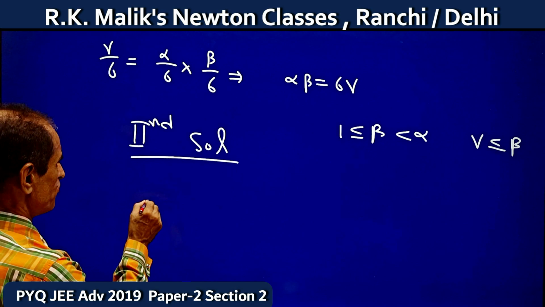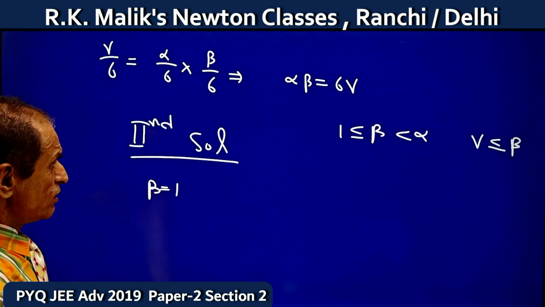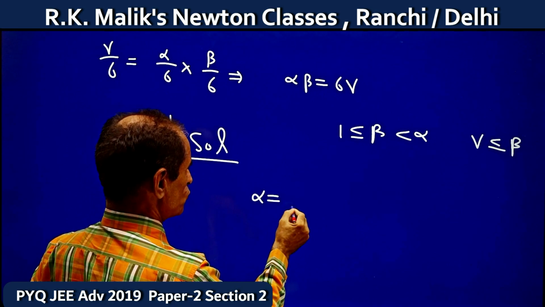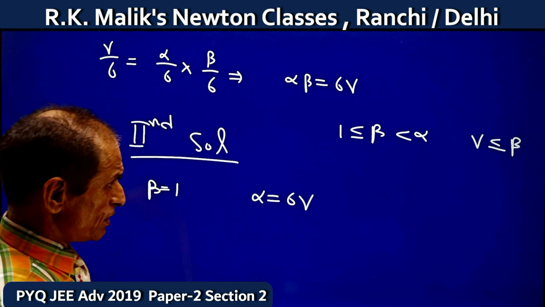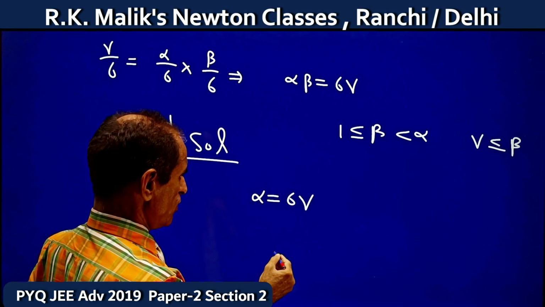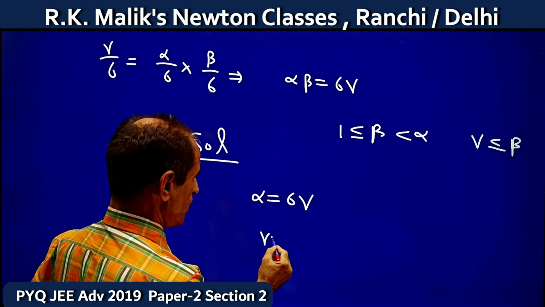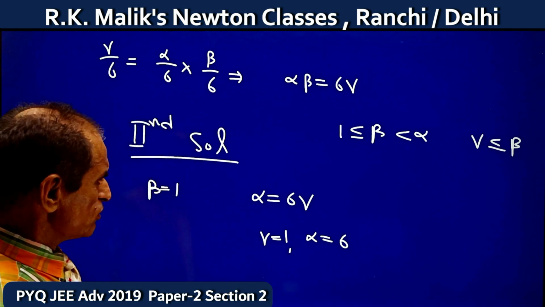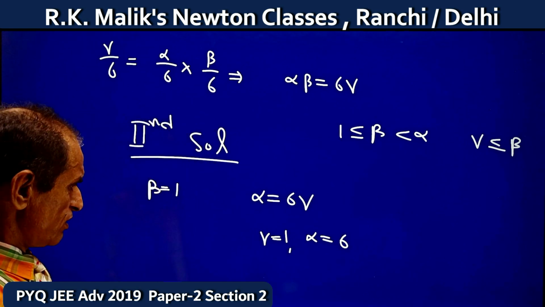Suppose I take the value of beta as 1, then this will mean that alpha is equal to 6 gamma, and this is possible only if gamma is 1 and alpha is 6, because gamma cannot be more than 1.